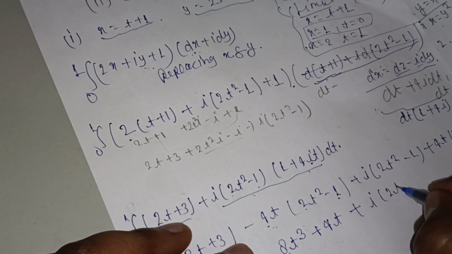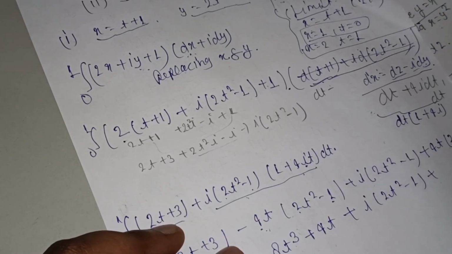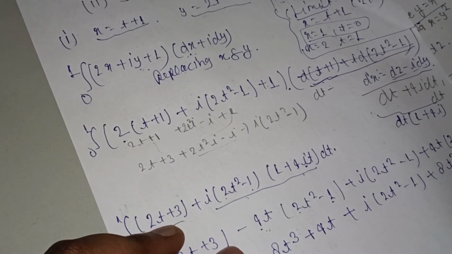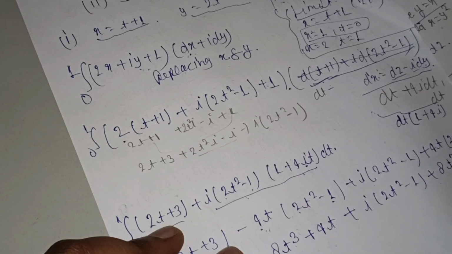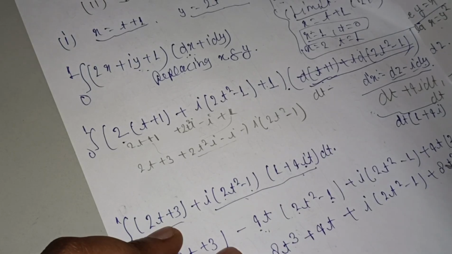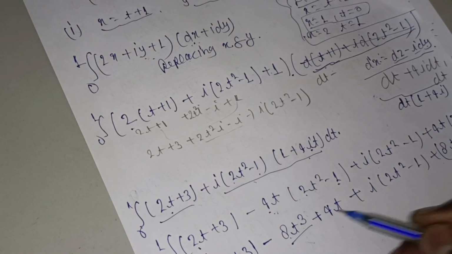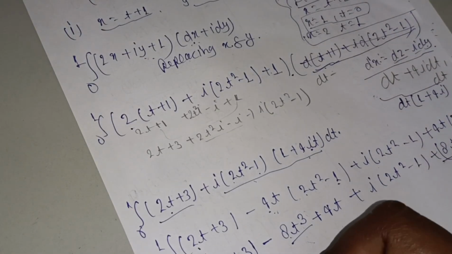This will be as it is, 2t square minus 1. Here again 4 times 2t square is 8t square, plus 4 times 3 is 12t, dt. So now here is 8t cube, here is 8t square, here is 2t.